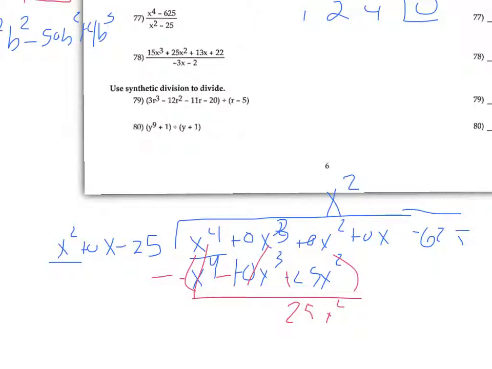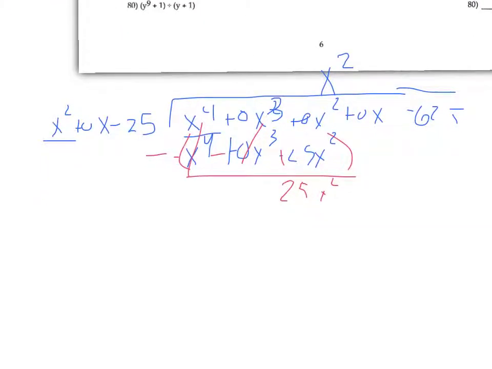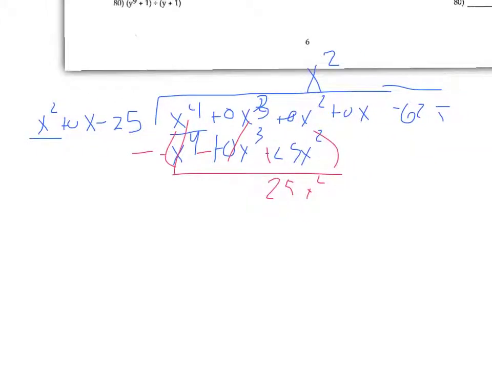Now we're going to have to bring two things down here because we need as many terms down here as we have over here. So when I bring this down, I'm going to bring down my plus 0x, and I'm going to bring down my negative 625. So next division is this. I'm dividing 25x squared by x squared. That's plus 25.